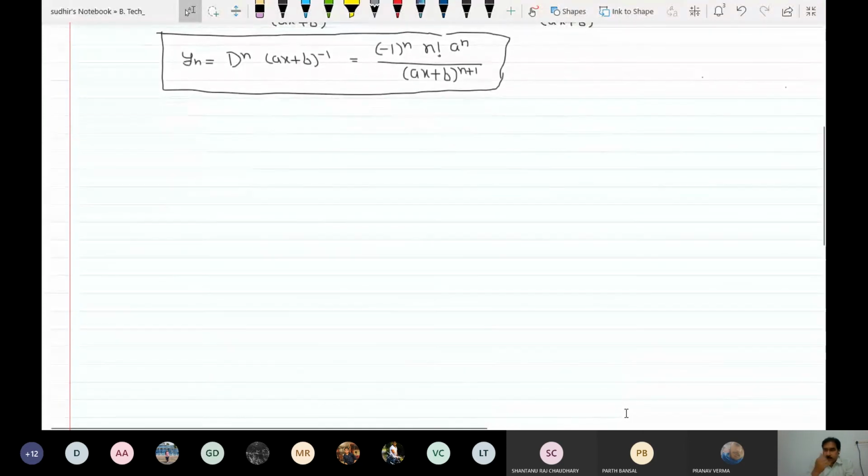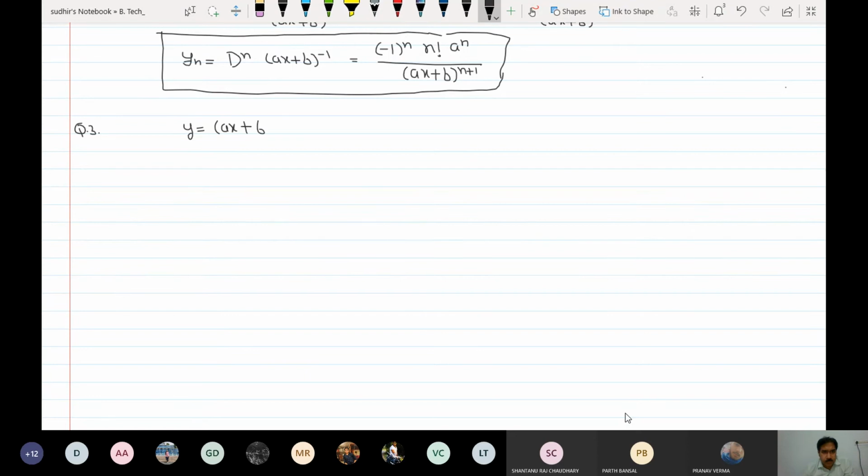We take some more questions. Suppose we take question number 3. I think it is question number 3. If y is equal to (ax plus b) raised to the power m, then find yn.